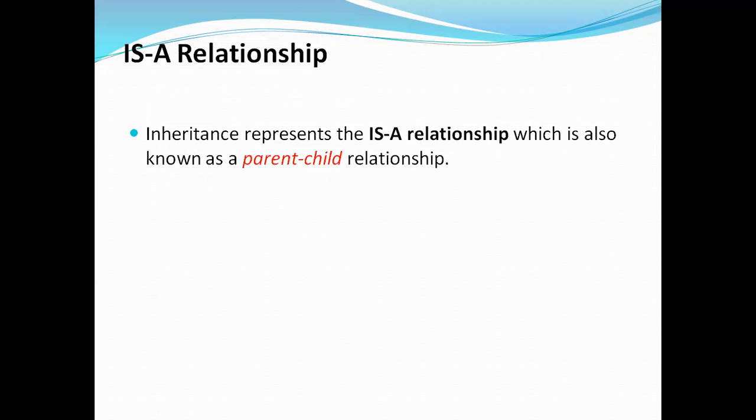Now, bike is a parent class. In that class, we can take a particular bike as a child class. So a particular bike is a special type of bike class. Likewise, in Java the is-a relationship is represented by inheritance.